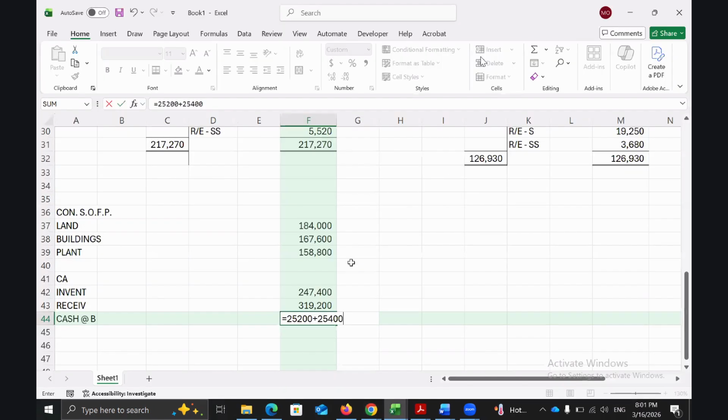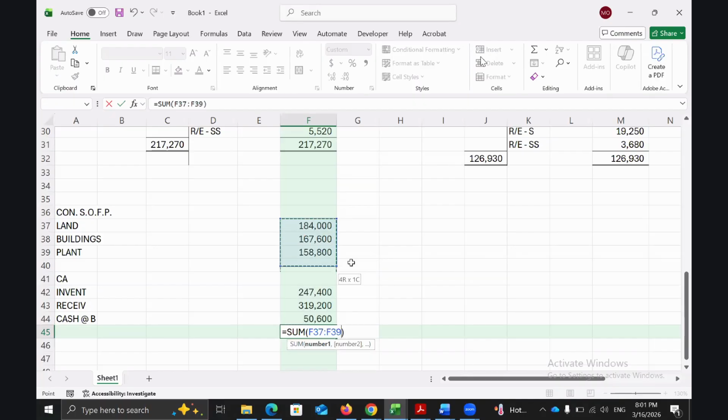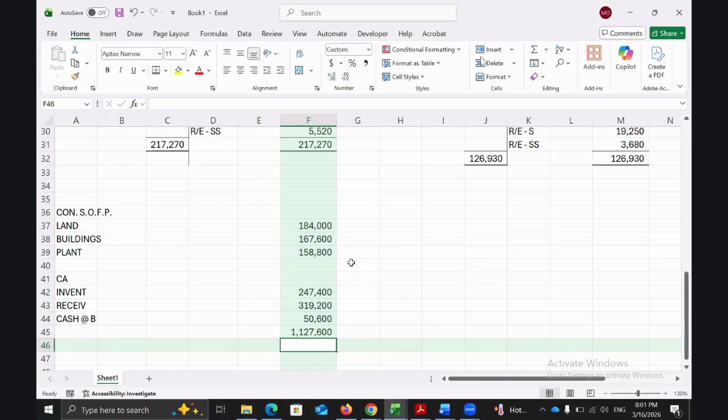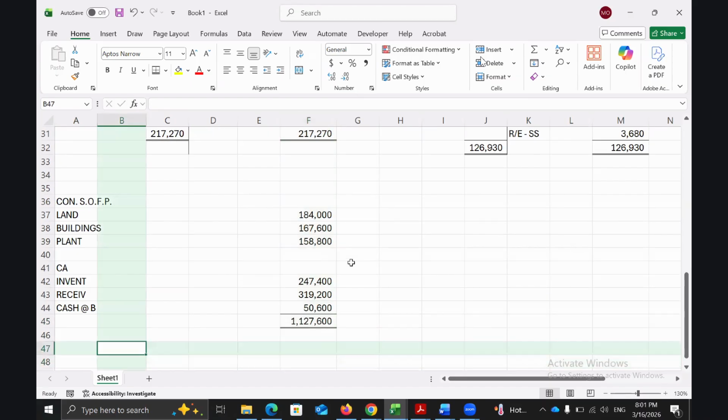We do not make any adjustments here. We keep it as like this. Okay? And we'll take the total assets like this. Then we'll adjust this to the bank overdraft. Okay.